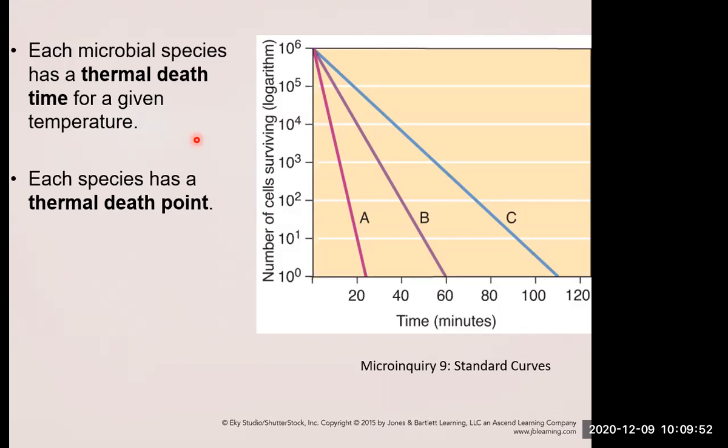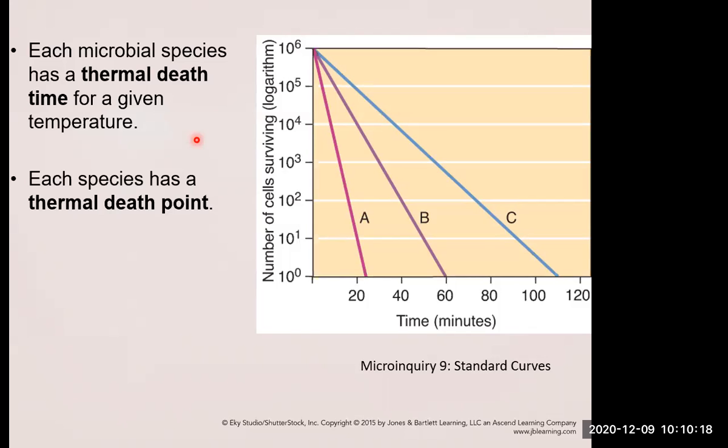We have three different species, let's just call them here bacterium A, B, and C. If we expose them to heat, which of these would you say is the most susceptible to death by heat? A, B, or C, and why? I would say A. I agree with you. Why?